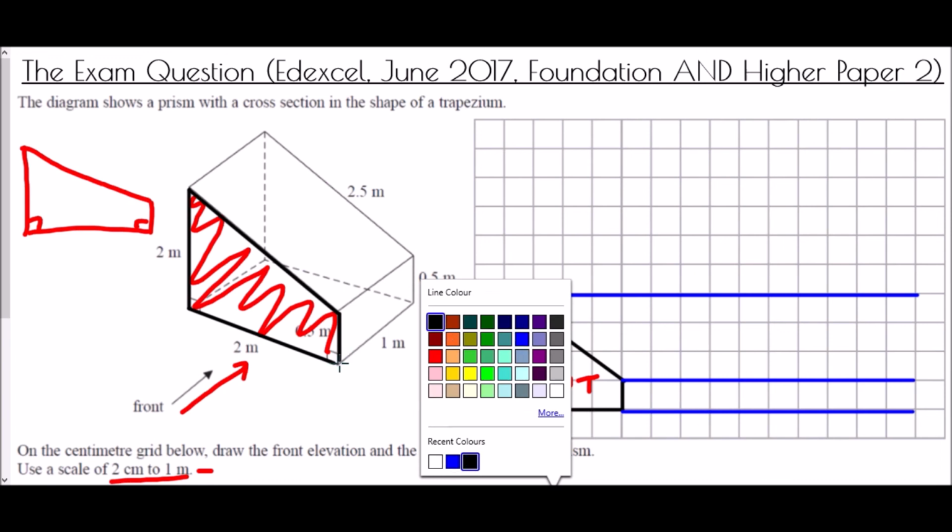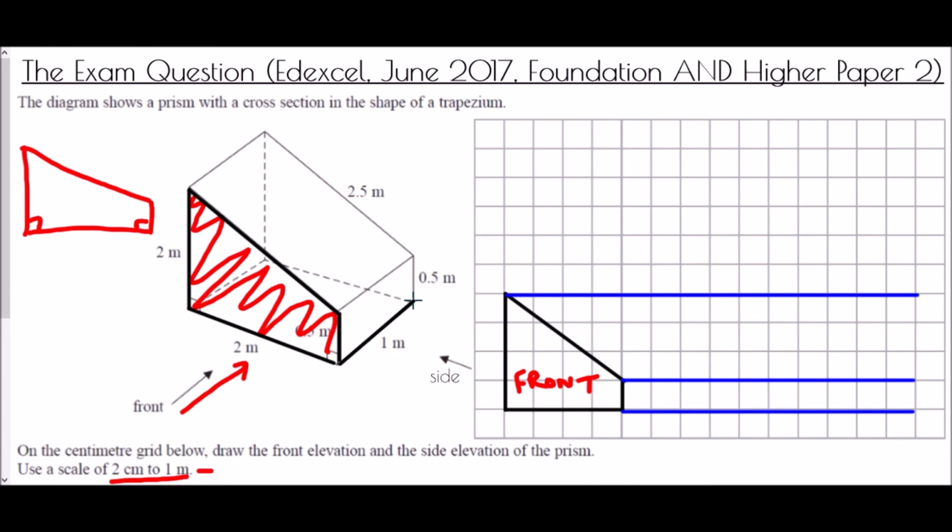So from the front we can see that this is 1 meter, and therefore 1 meter is 2 centimeters, and so we're going to draw in a line which is 2 centimeters high. And if we were looking, we would definitely see from this side a rectangle, and the rectangle must meet exactly the same point as our guideline.